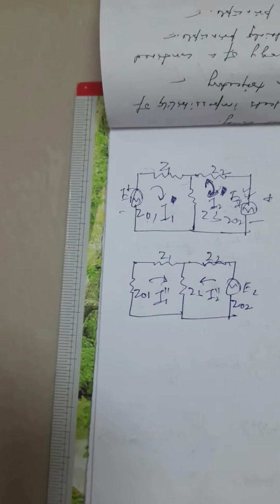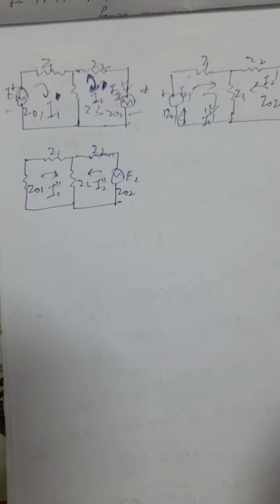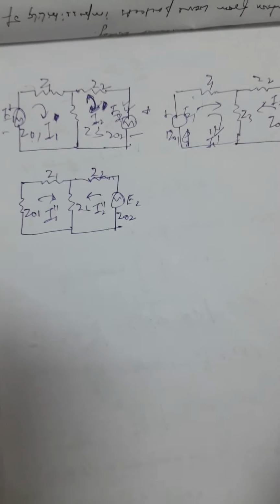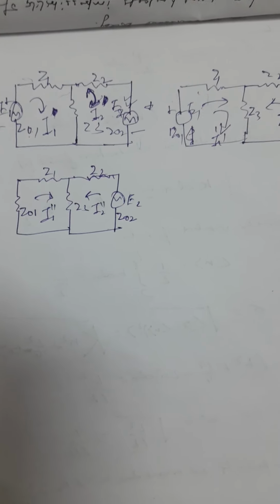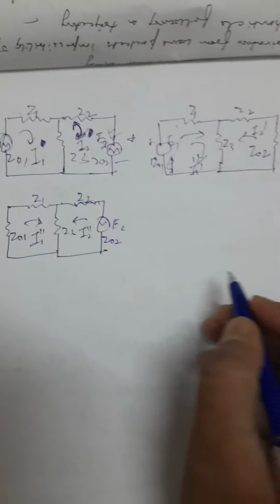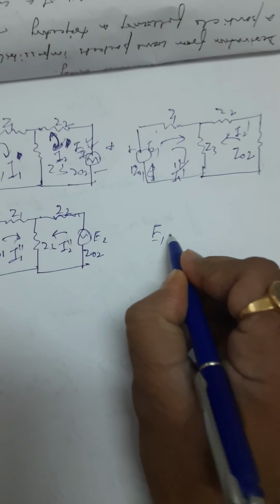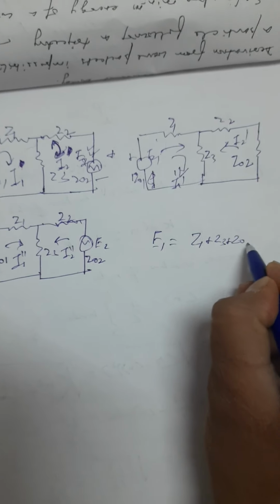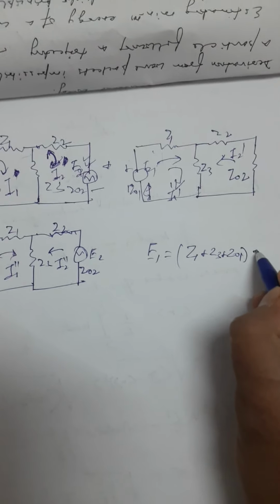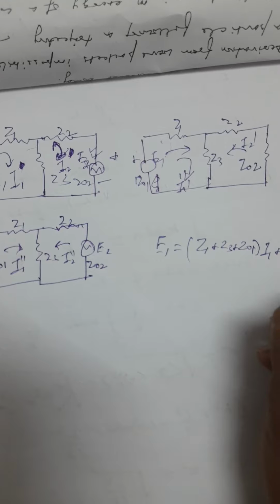All of us have the basic idea of Cramer's rule, so we'll use that, and we'll also use Maxwell's law in this mesh to find the solution, that is, to prove the theorem. So we write E1 equals (Z1 plus Z3 plus Z01) into I1 plus Z3 I2.